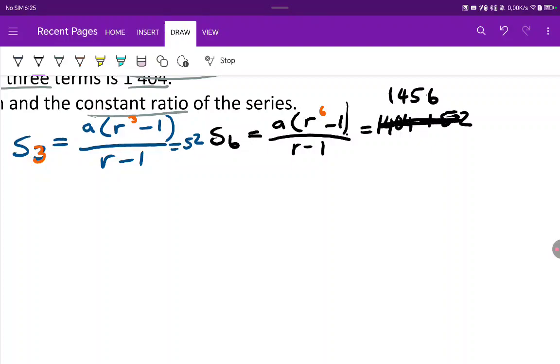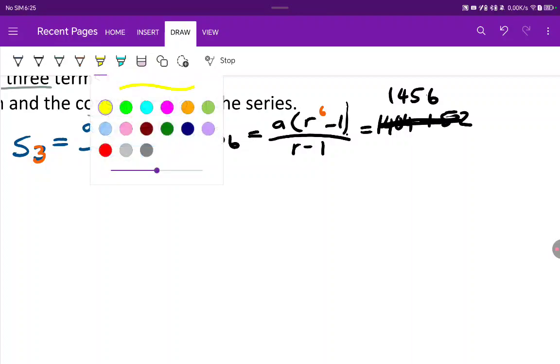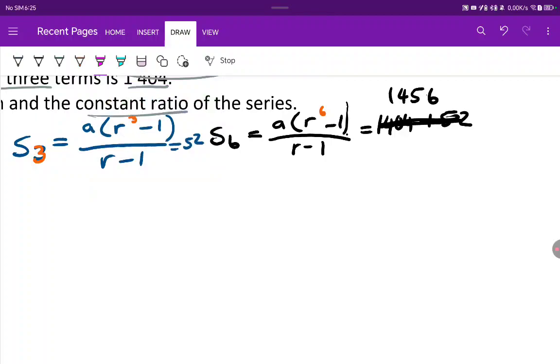Okay, so what do we want to do? We want to equate these two to one another because we want to eliminate A, solve for R, then solve for A. In order to do that, we need to have a left-hand side equal to the right-hand side. If you can see, we've got A and A, that's similar. We've got R minus 1, that's similar. So we are going to get rid of the brackets on both sides by taking them to the right-hand side.